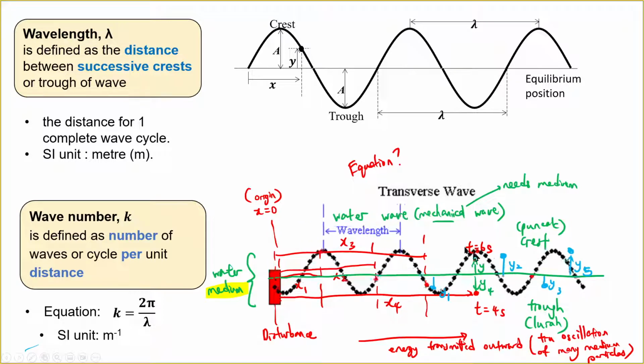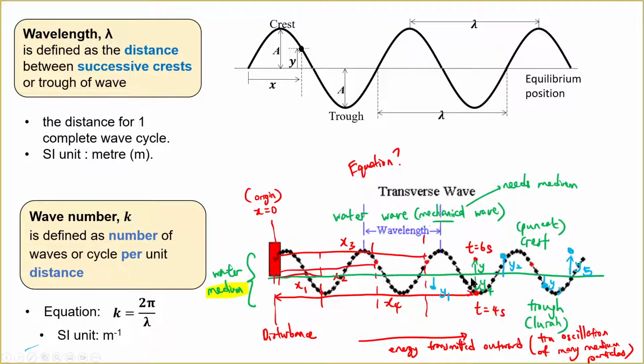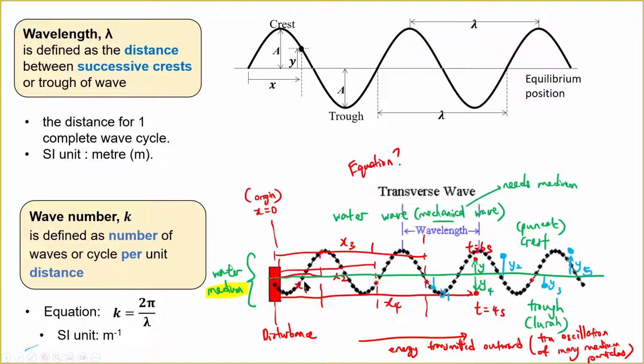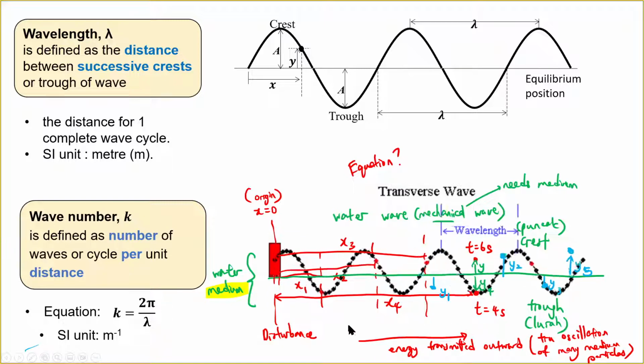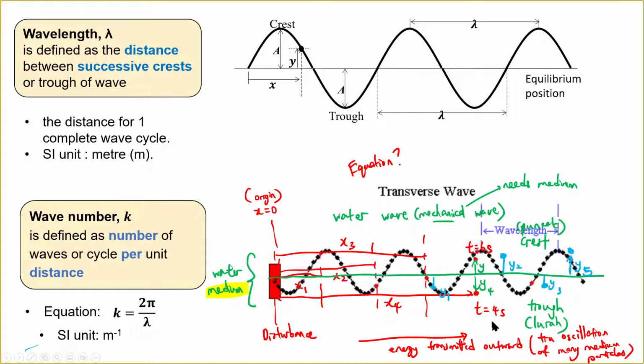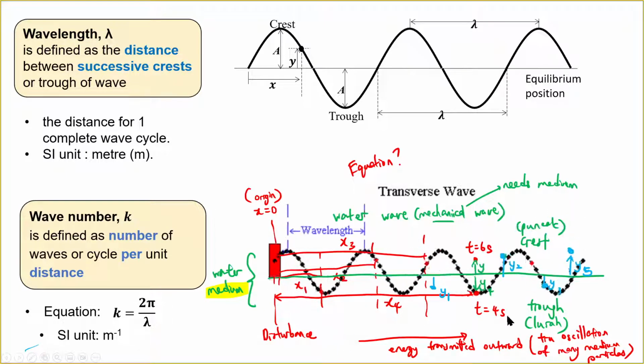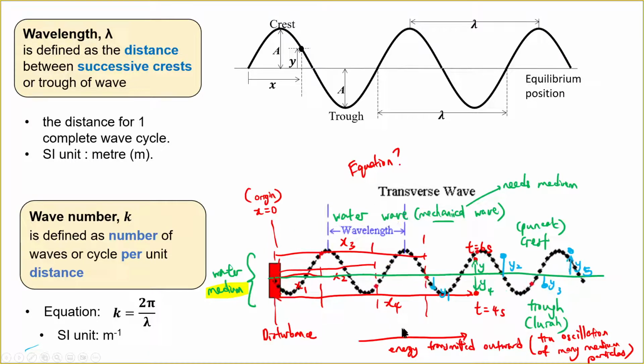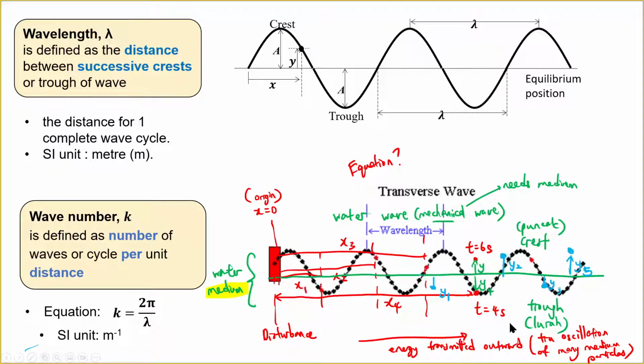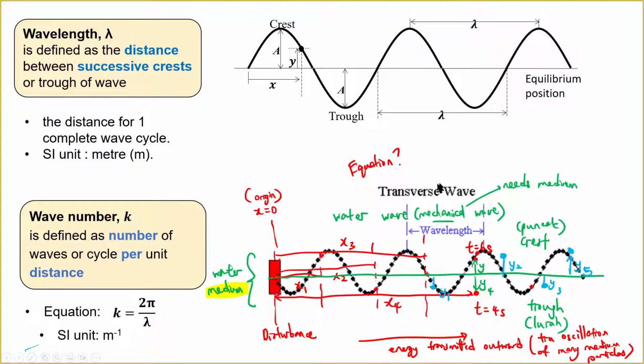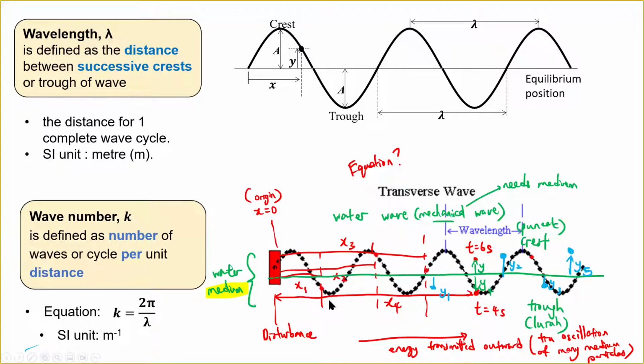Through oscillation, energy is transmitted outward. So what is the direction of energy transmission? The direction of energy transmission is horizontal. But for a transverse wave, the oscillation is vertical.